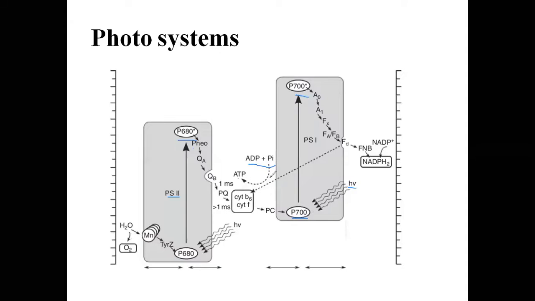Now, meantime, photosystem 1 has also absorbed light and is energized. P700 has absorbed the light, it has become energized, so it becomes P700 star, and its energized reaction center chlorophyll P700 star donates electrons to a short electron transport chain that ultimately transfers electrons to NADP plus yielding NADPH.